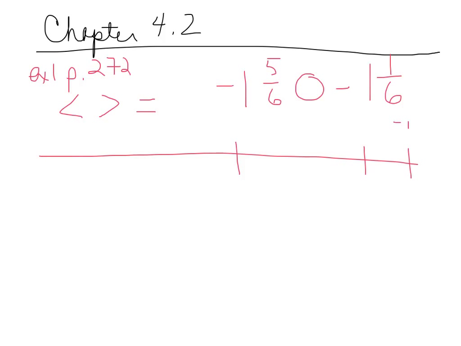This is -1, -1 and 1/6, -1 and 2/6, -1 and 3/6, which is -1.5, -1 and 4/6, -1 and 5/6. And if we were to continue this, this would be 0 over here.